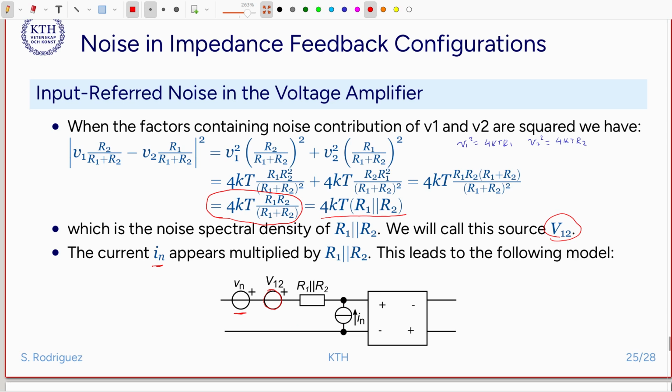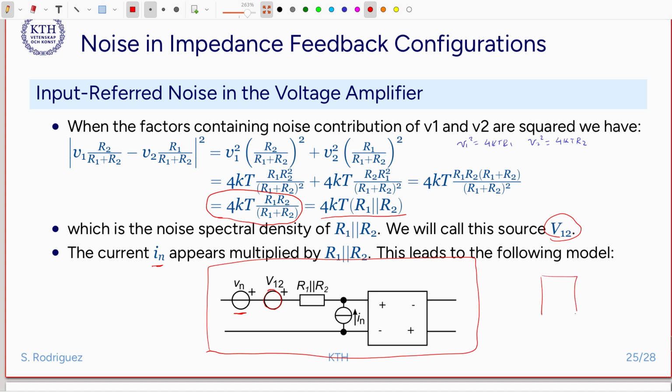And then we have the noise current, that is also going to get multiplied by R1 and R2. And this is going to be the model for our voltage amplifier.